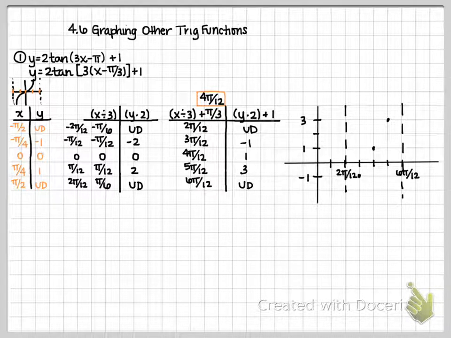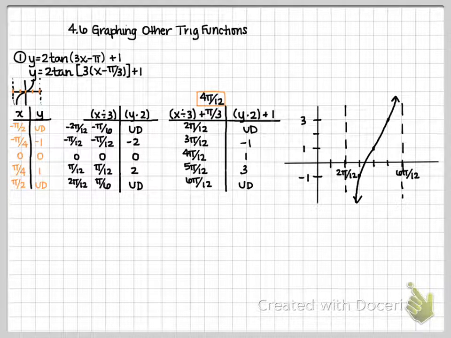So I have my 3 points in the middle. Remember that a tangent curve looks like a cubic, basically. So let's go ahead and give this a nice smooth sketch. All right. So there's that one period of our tangent graph.